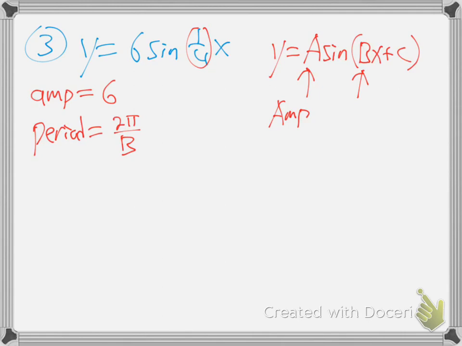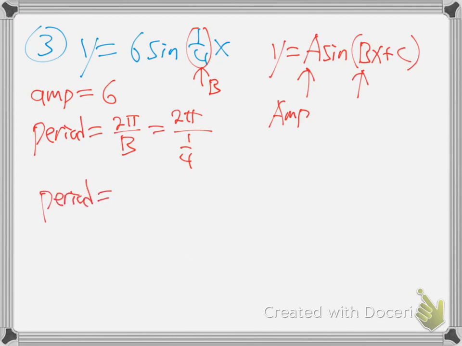So the period is 2 pi over b, so it's 2 pi over 1/4. This is the b, 1/4. The period, the width of one cycle, is 2 pi over 1/4. Now, what do I do with 2 pi over 1/4? That's weird looking.